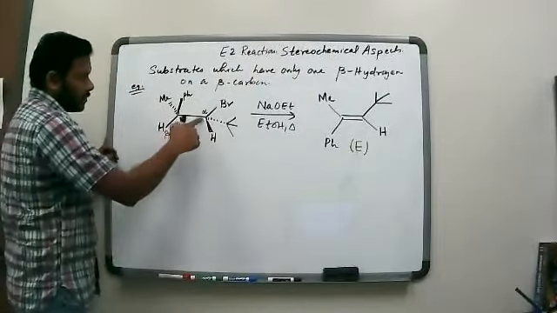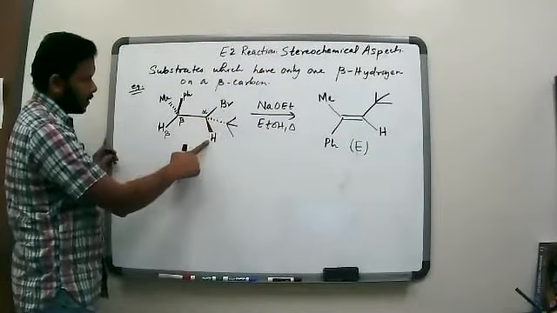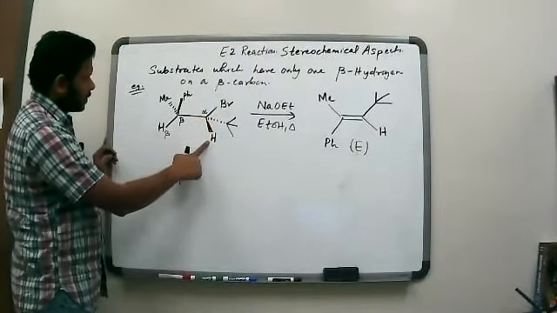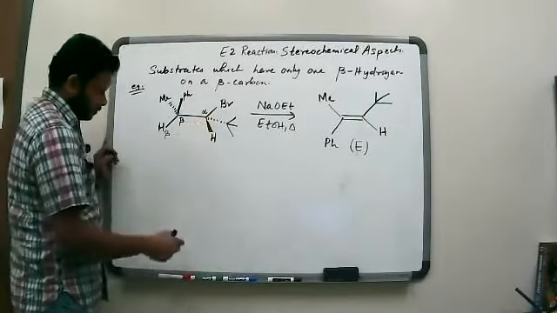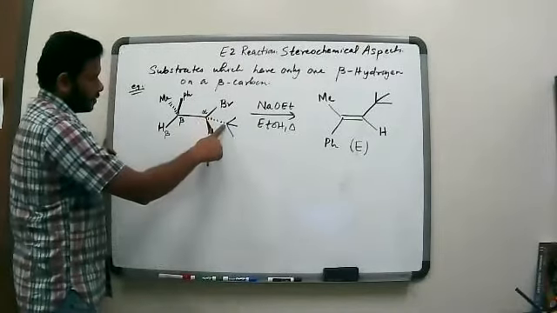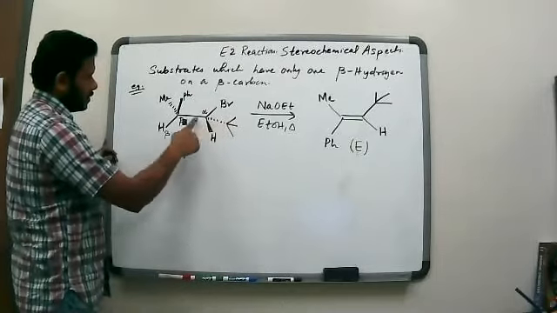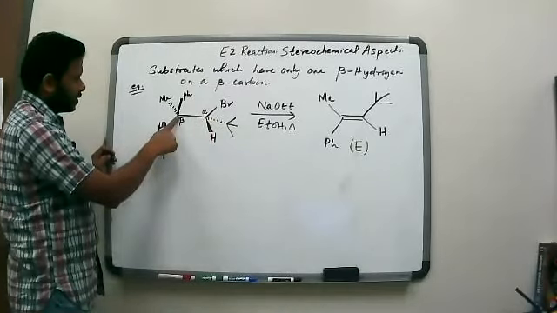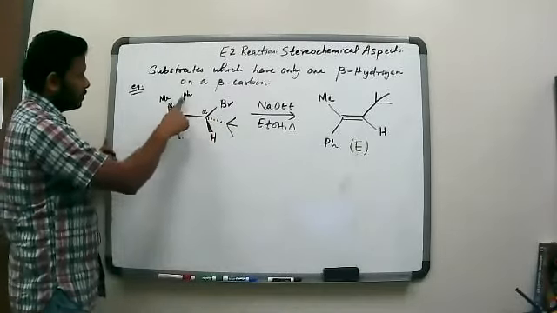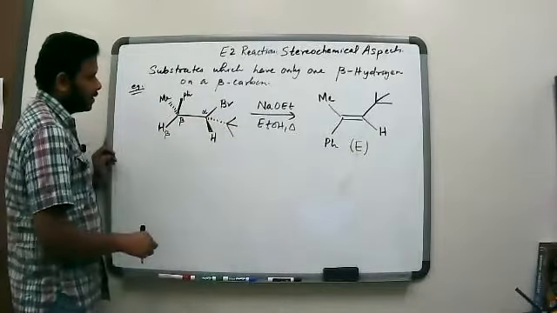So for the alpha carbon, the highest priority group is the bromine. The lowest priority group is the hydrogen. And then we have this carbon here, which is connected to 3 carbon atoms. And we have this carbon here, the beta carbon, which is connected to 1 hydrogen and 2 other carbon atoms. So that means this gets a higher priority.